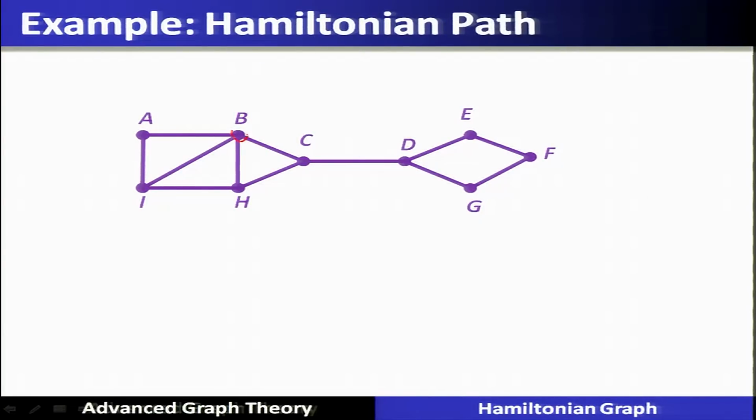If we start from vertex B, cover C, then D, and end at vertex E, the path is called a Hamiltonian path. Why? Because it covers all the vertices exactly once.